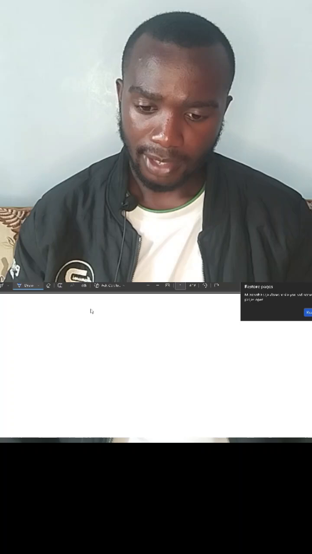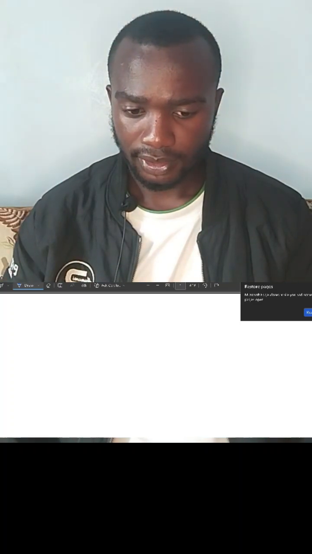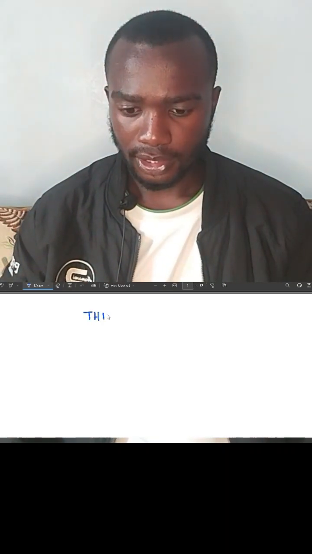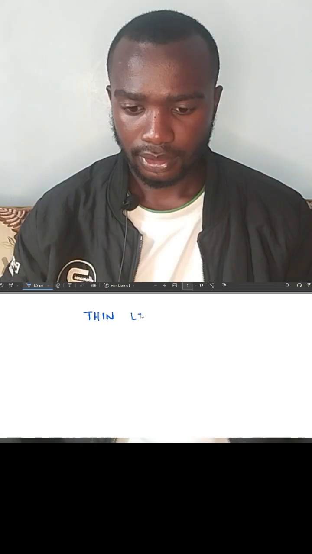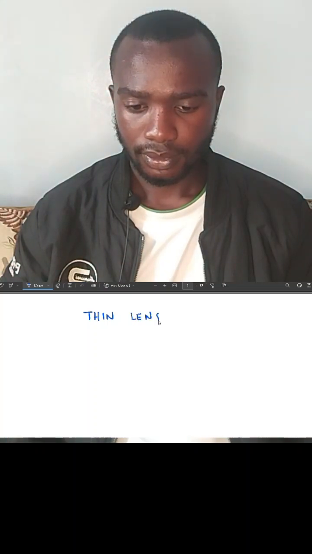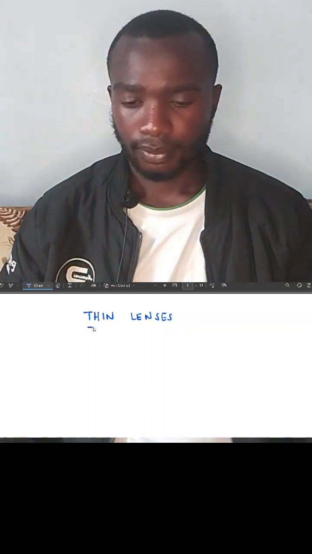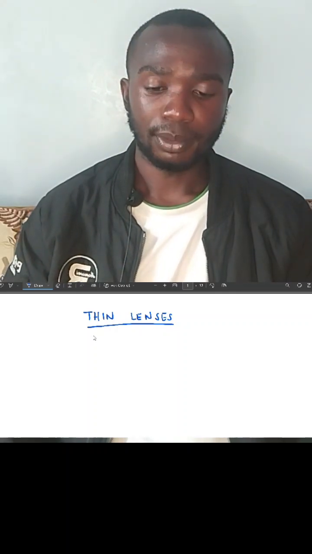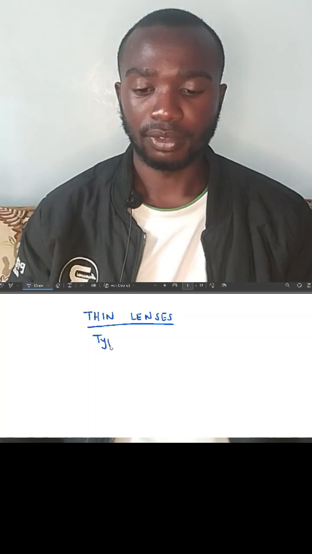So the chapter hapa inaitwa thin. So it is called the thin lenses. So the thin lenses, tukiongelea about the type of lens, so we got types of lens that we deal with.